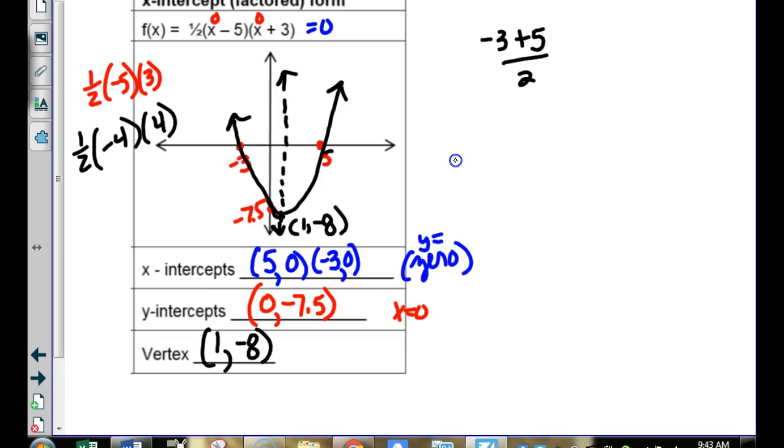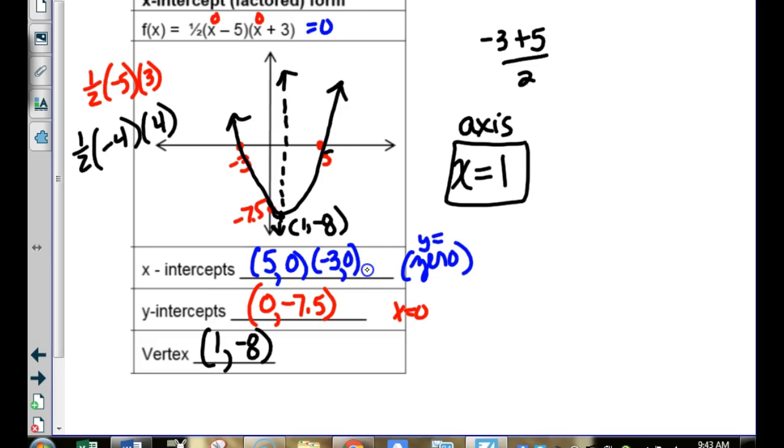Every vertical line has an equation what? X equals, yes, it's a vertical line, X equals. And what point does it go through? The vertex, 1, -8. So the equation for the axis of symmetry would just be X equals 1. Goodness, are we all sleeping?